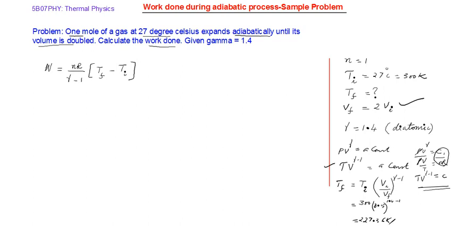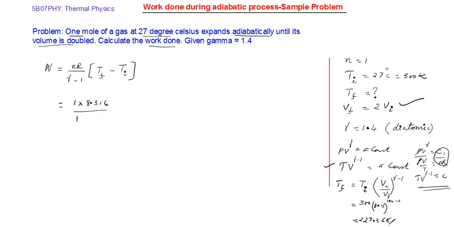So this is the way you got all the quantities. Now it's a mere work of substitution. W equal to nR, where n is 1, so 1 into R is, as usual, 8.314 SI units, divided by gamma minus 1.